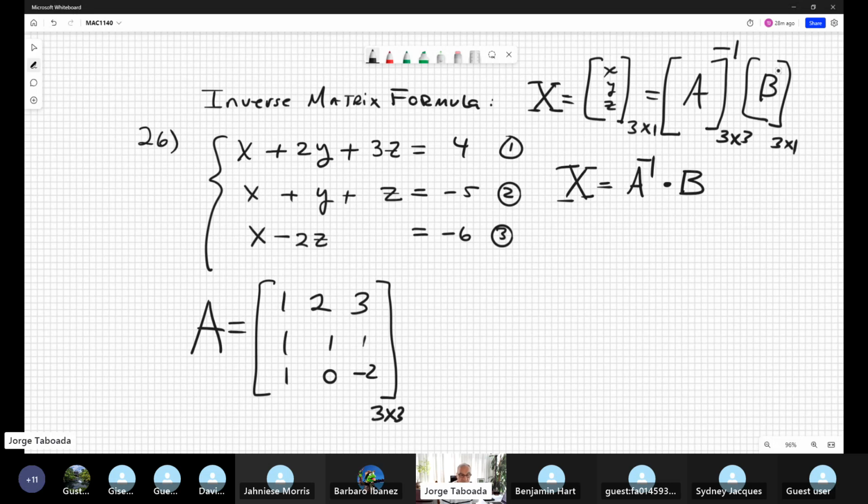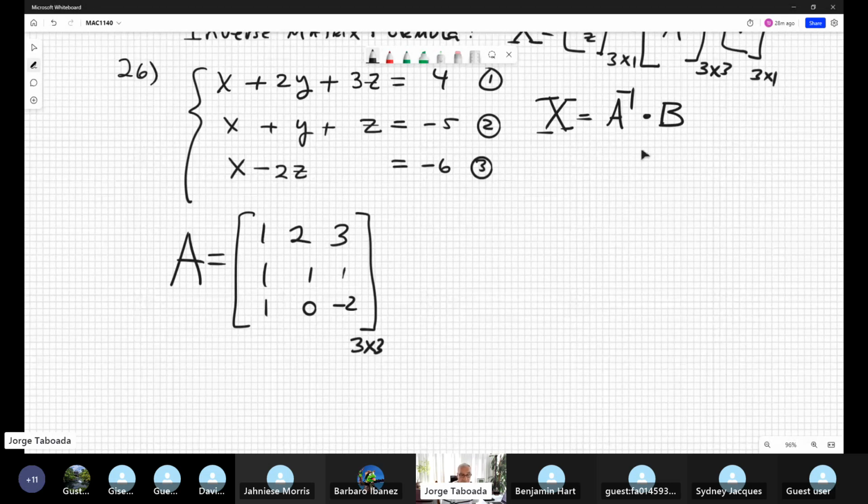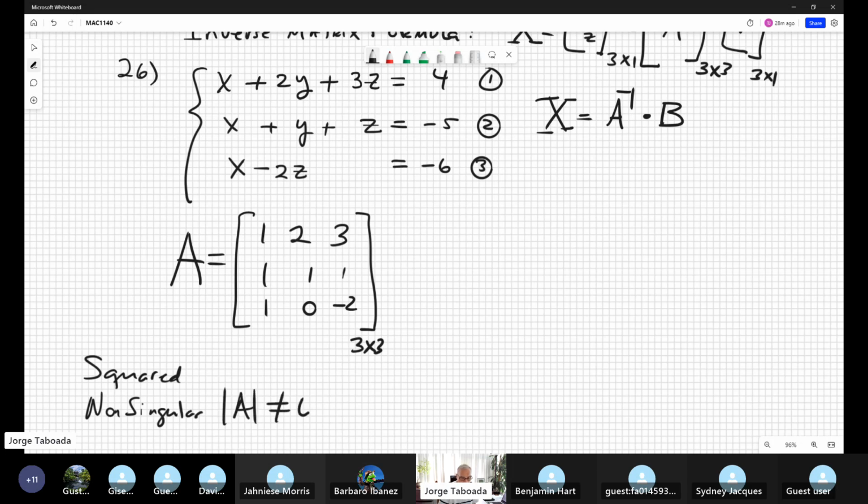If the determinant is not 0, then it is invertible. But you don't know. You try and you see the inverse exists because of two conditions. It's square and also it's non-singular. And non-singular means that the determinant is not zero.